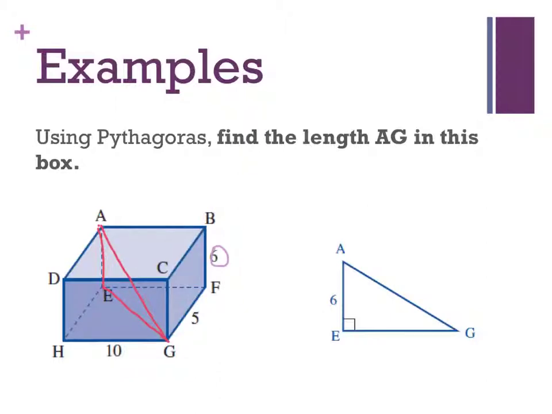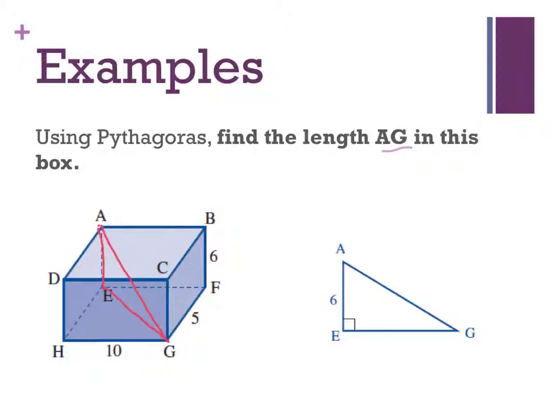If I only have one dimension though, how can I work out another side length? The answer is, well, I can't. I can only use Pythagoras to work out a side length if I have at least 2 of the other sides. So I'm going to have to work out E to G before I can work out A to G, which is what the question wants me to do.